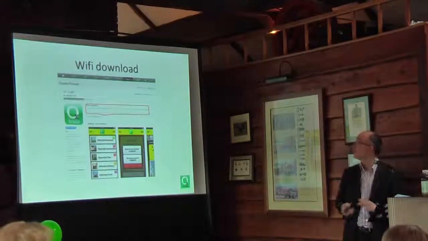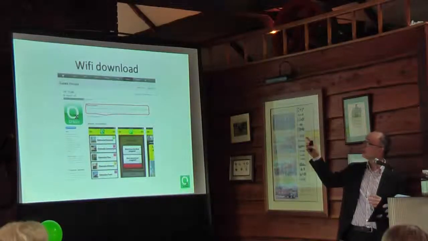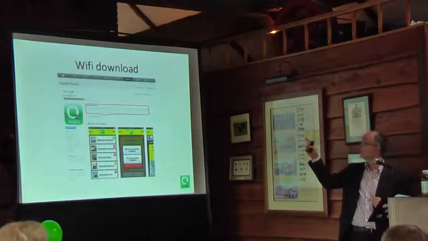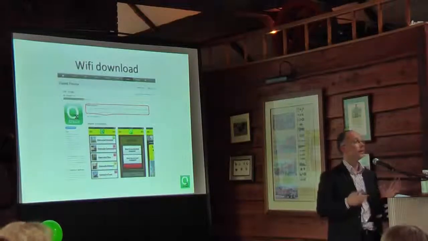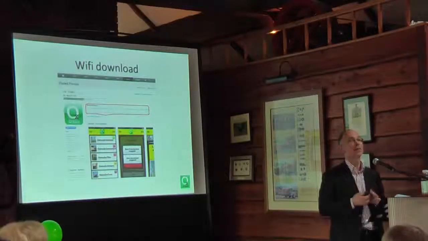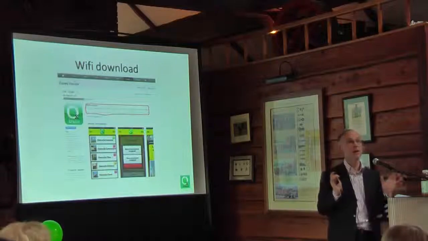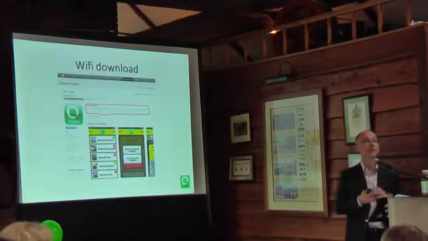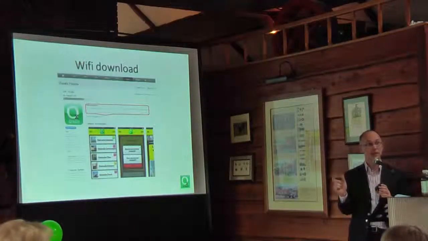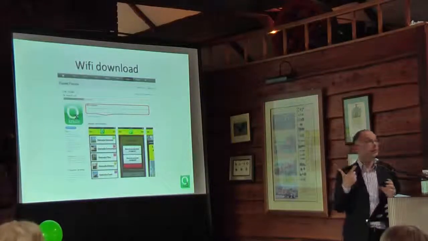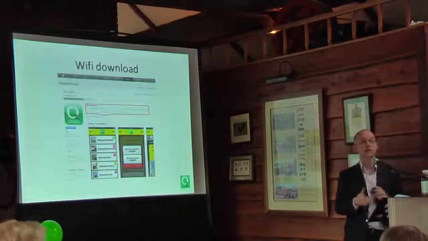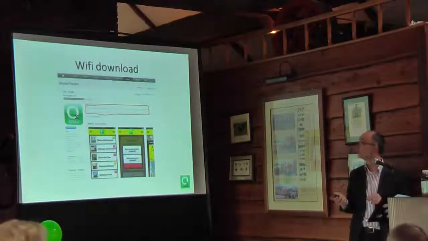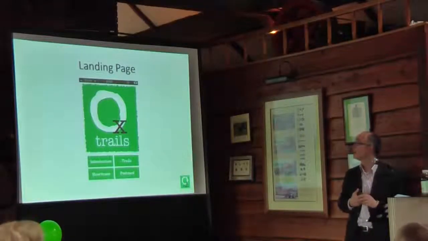So on both iTunes and Google, right at the top, there's a message, you can't read it obviously, that says please download the first time through Wi-Fi. So Wi-Fi is critical when you first take it onto your phone. If you try it on 3G, which I have done, you'll get some of the content, but possibly not all, and then you'll have to go through the process again. So download it through Wi-Fi first of all, and then you'll come onto the landing page.